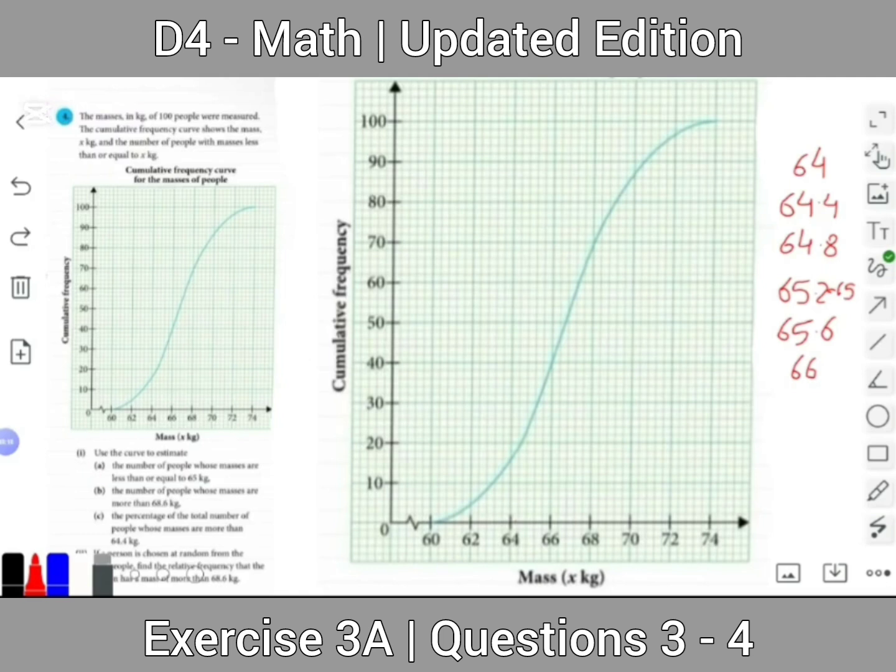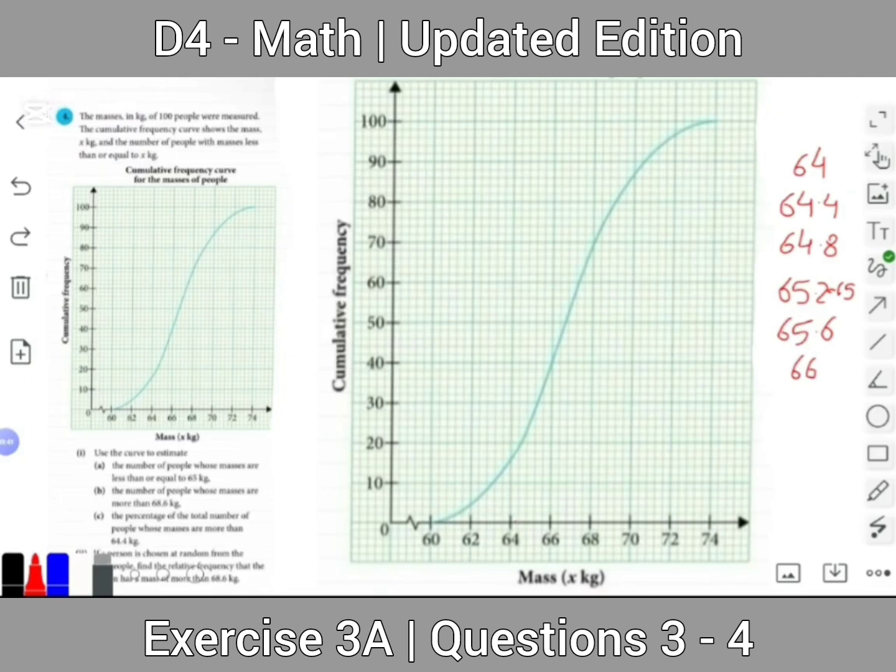So on the graph, after 64 we have 64.4, then 64.8, and then here we have 65 on the third square. Then we will draw a vertical line from x equal to 65 kg on the horizontal axis until it intersects the curve.